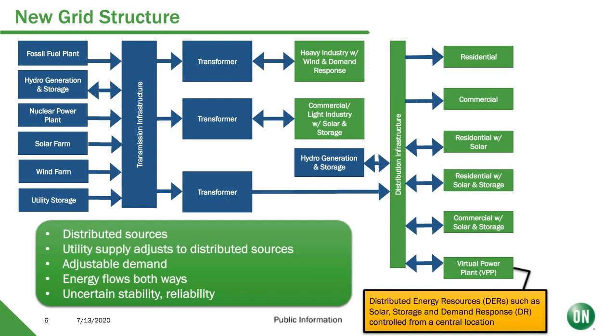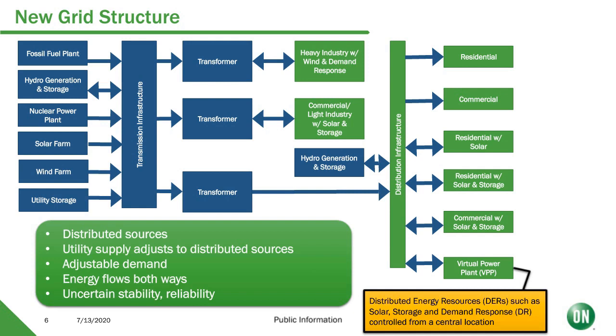Consumers that used to only consume energy are now providing energy onto the grid, either being stored by the utility or used by other areas of industry, which is causing a distributed grid structure.